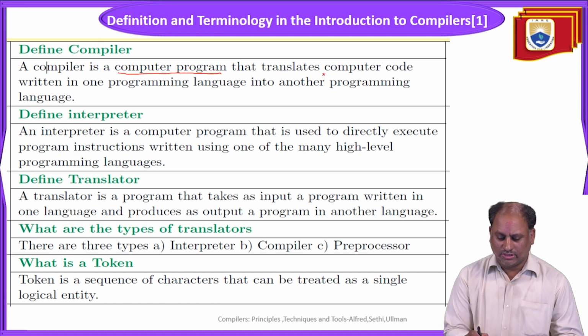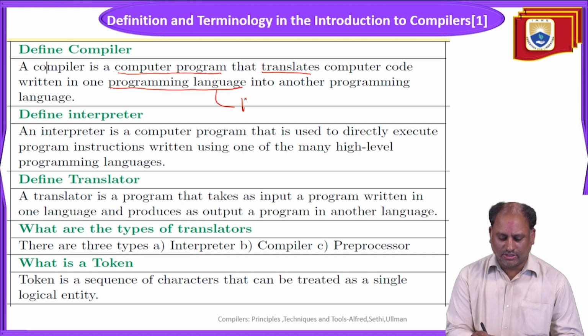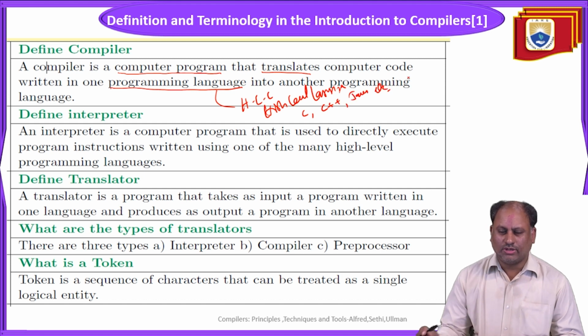That means program code is to be translated. Program code is to be written in one language. Generally we write this in terms of a high level language program, meaning C, C++, Java, PHP, etc., several programming languages.